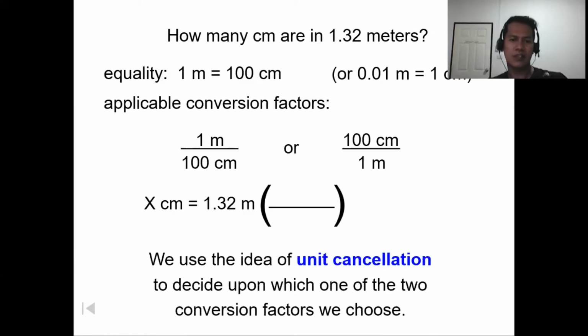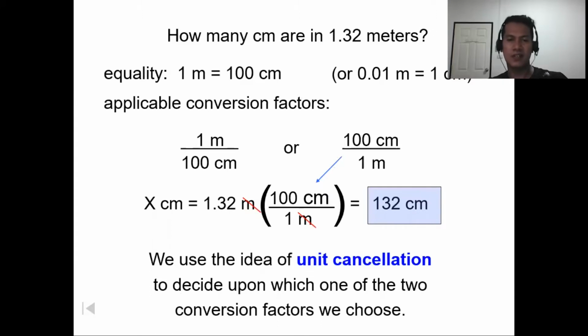We use the idea of unit cancellation to decide which one of the two conversion factors we choose. So which one do you think cancels out meter? Let's take a look. There you go. We are going to use this conversion factor, since this will cancel out meter. And since we are looking for centimeters, there you go, that's the answer.